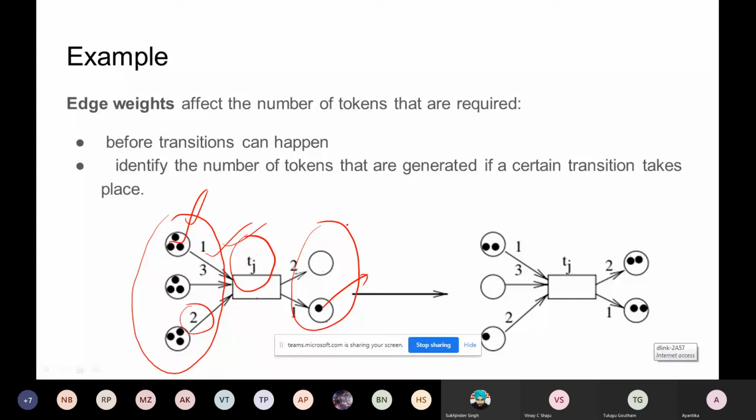Okay. So this is your model before the transition. After the transition, what is the change in your Petri net? See, the transition has taken place, and according to this edge weight, you have consumed one token. From this edge, weight is 3, you have consumed 3 tokens. Here it was 3, it is now, there's no token present. Here, according to the edge weight 2, you have consumed 2.